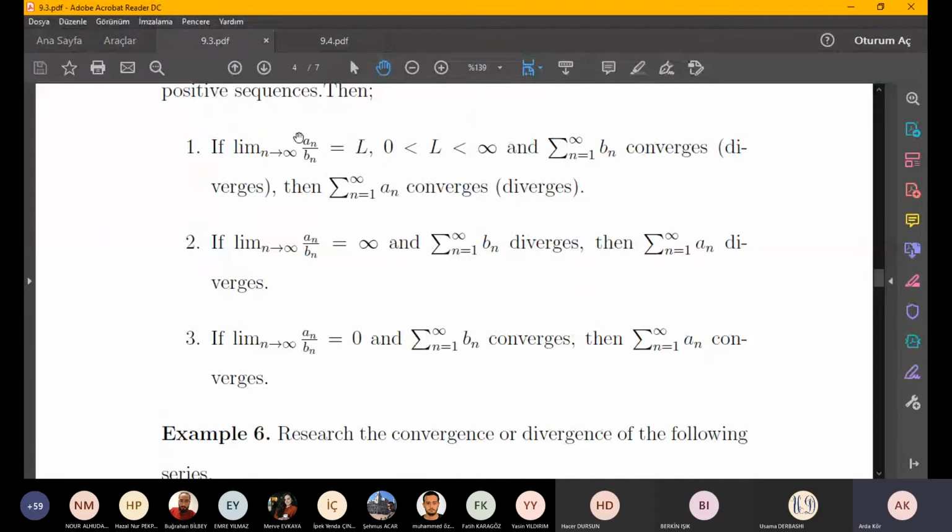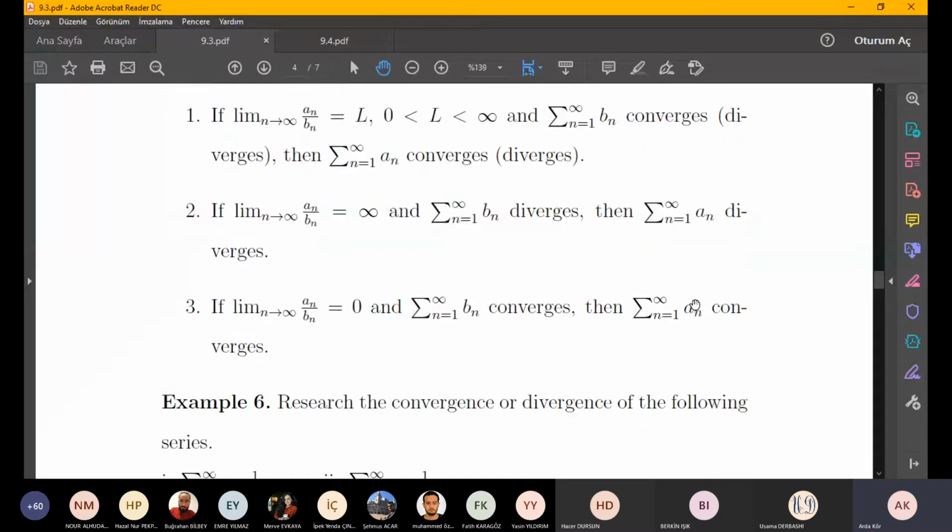First one, the limit should be a finite number, and in that case you have the same relation, so you can find the behavior of the series a_n directly from the behavior of the series b_n. The second one, if that limit is infinity, and b_n is divergent, that gives you a_n is divergent.